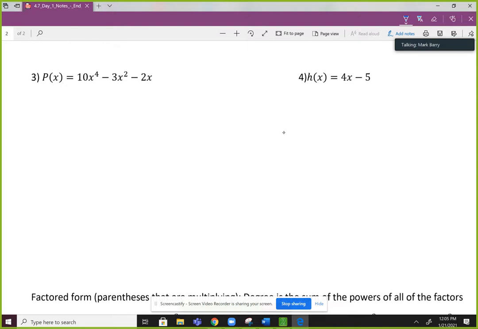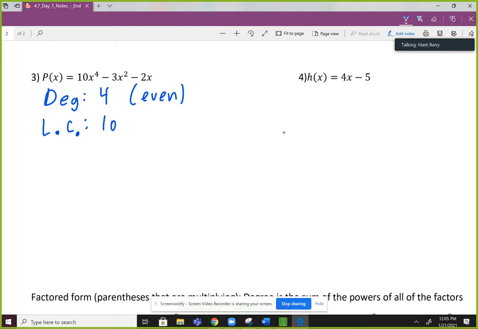All right, so for number 3, let's take a look at the degree and the leading coefficient. So for this one, I got a degree of 4, which is of course even. Once again, the degree is the biggest exponent in this form.